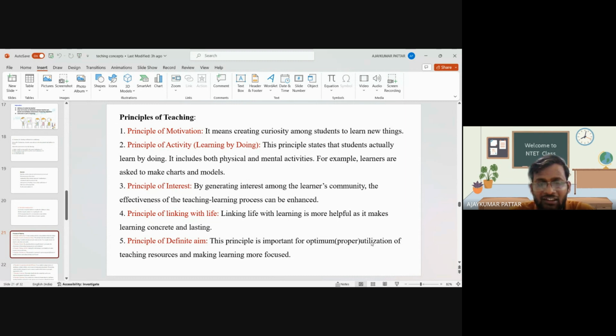If you link the particular concept or subject to real life, how it works in real life, how we are doing it in real life, then the teaching learning will become concrete, and it will last for a long time, and the result will be very good. That is linking with life, real life experiences. Then it gives a better outcome. That is, learning becomes concrete and long lasting. That is the principle of linking with life.